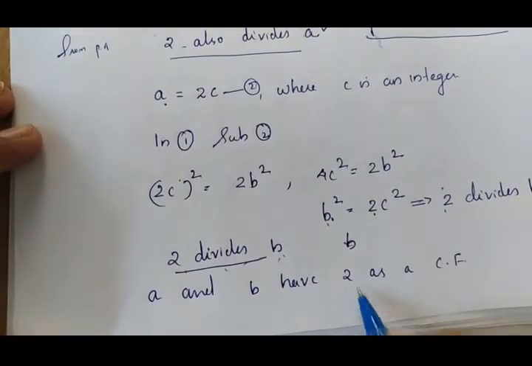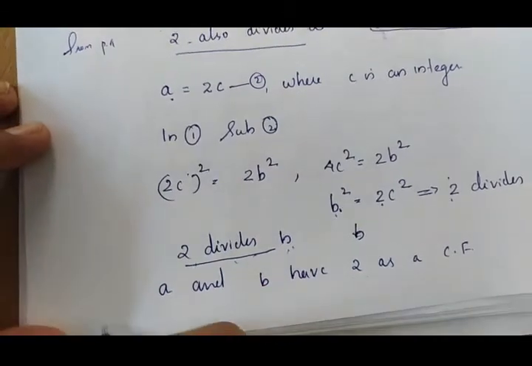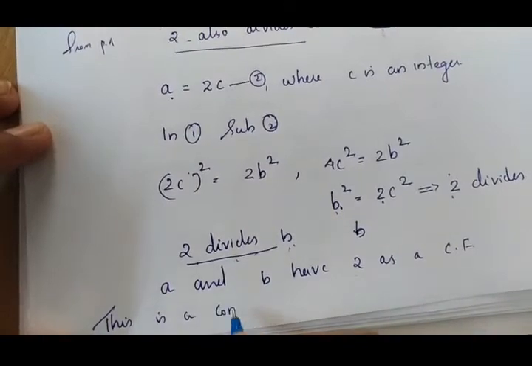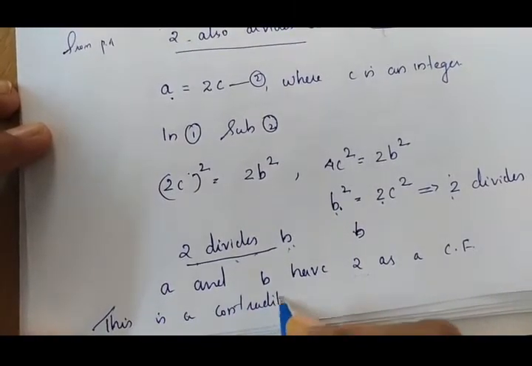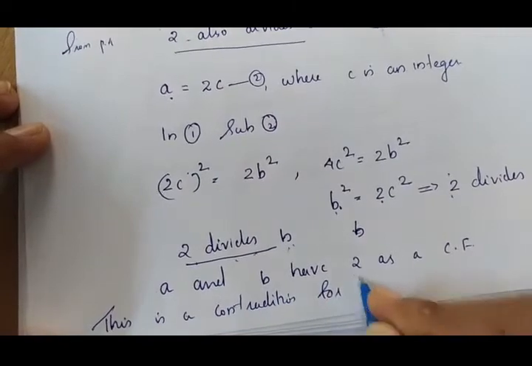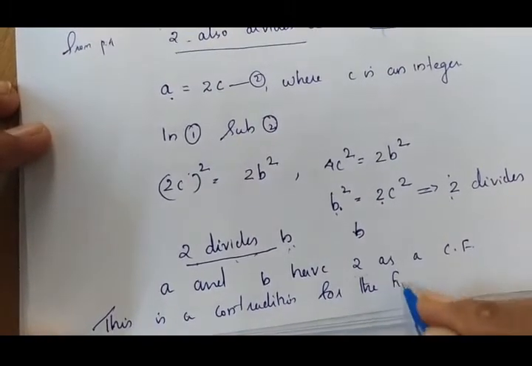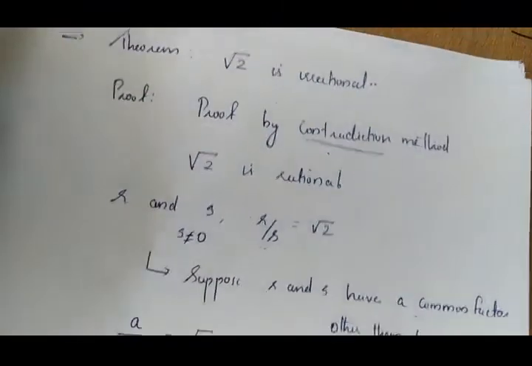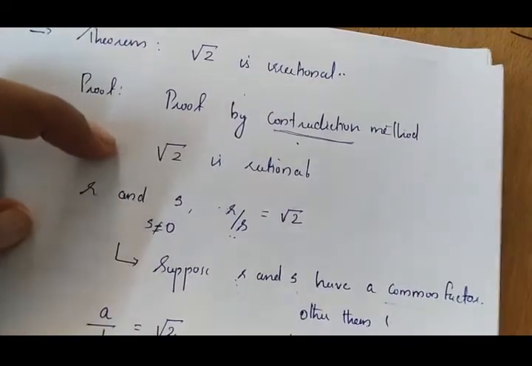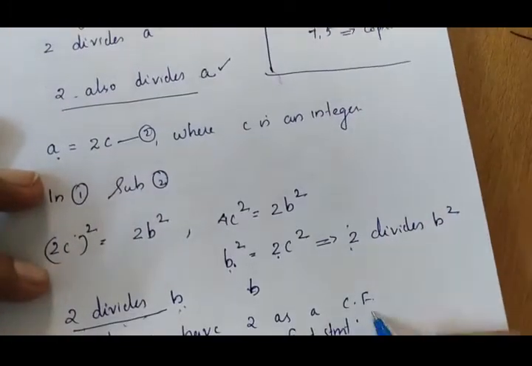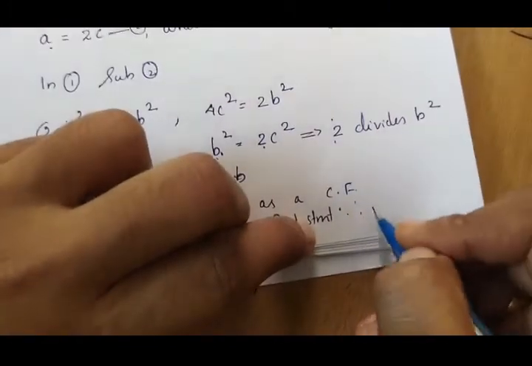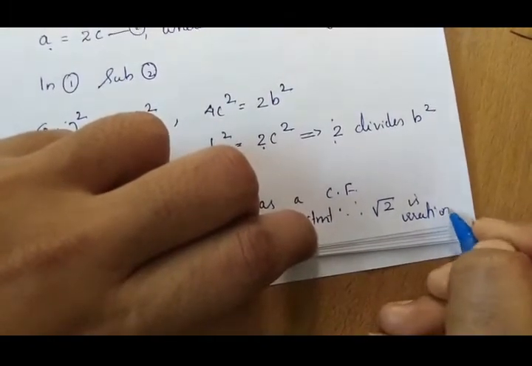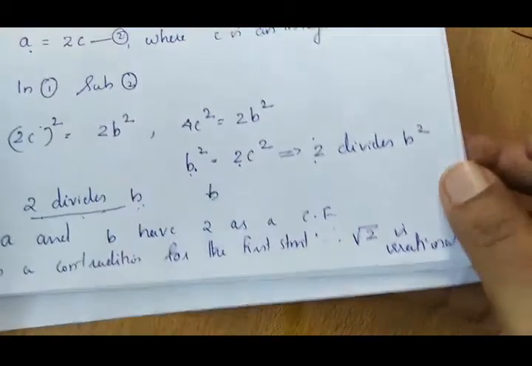This is a contradiction for the first statement. What was the first statement? Root 2 is rational. Therefore, we can say that root 2 is irrational.